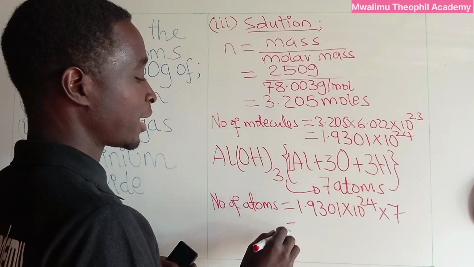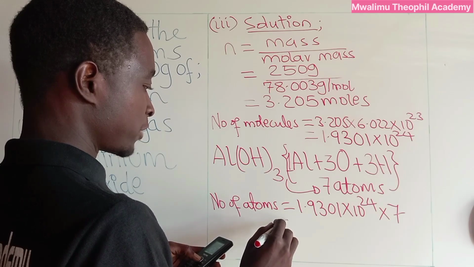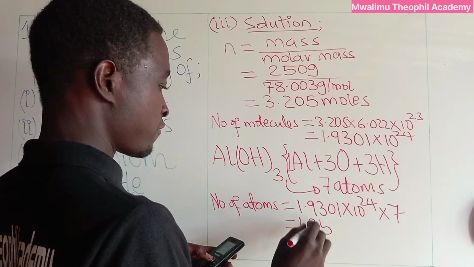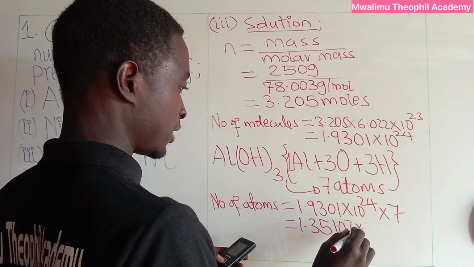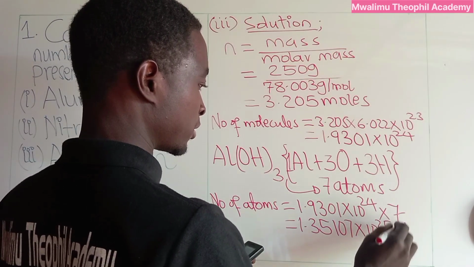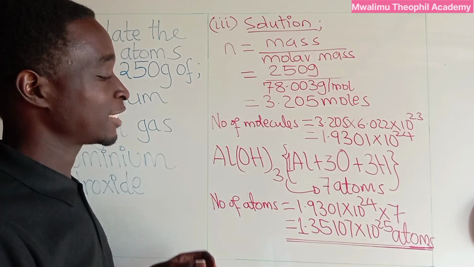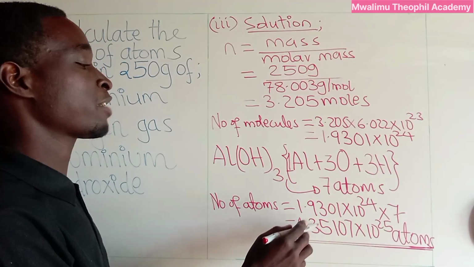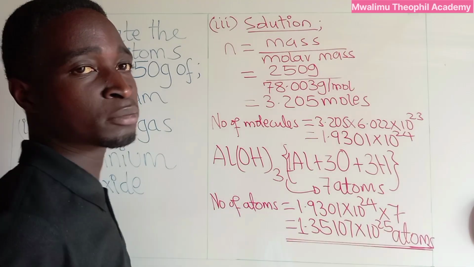Now we get how many atoms? Let us compute. After computing, we get 1.35107 times 10 raised to 25 atoms. So, the number of atoms present in 250 grams of aluminium hydroxide is 1.35107 times 10 raised to 25 atoms.